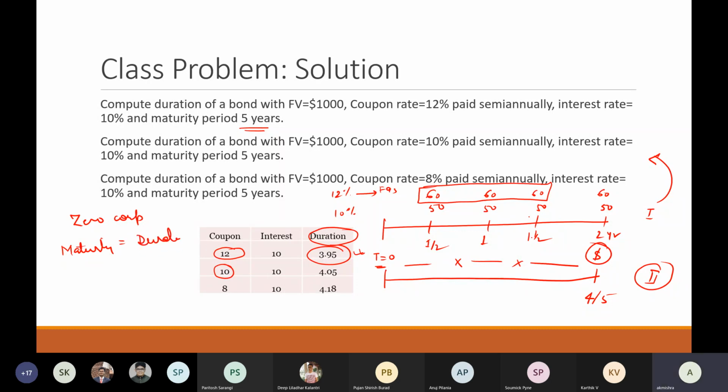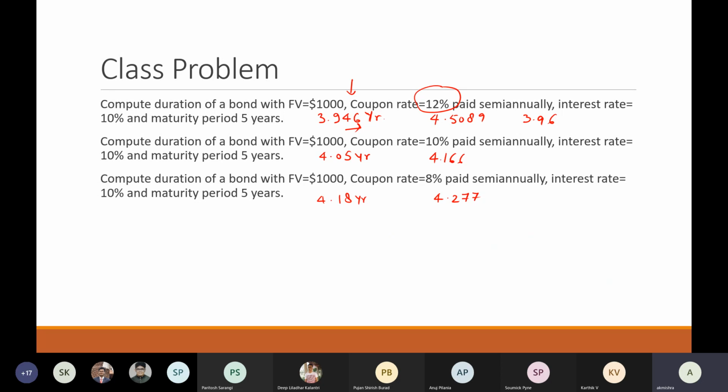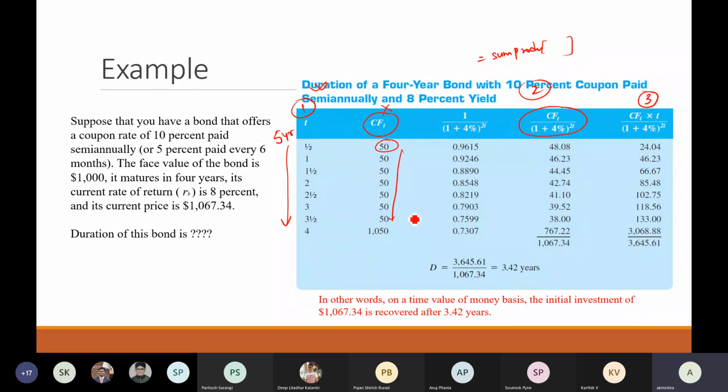And why am I saying so? Because all these will be zero, and here you are getting, let's say, 1,000 rupees. So all your cash flow is happening here, and here you have only zeros. So you only have cash flow in the last year.